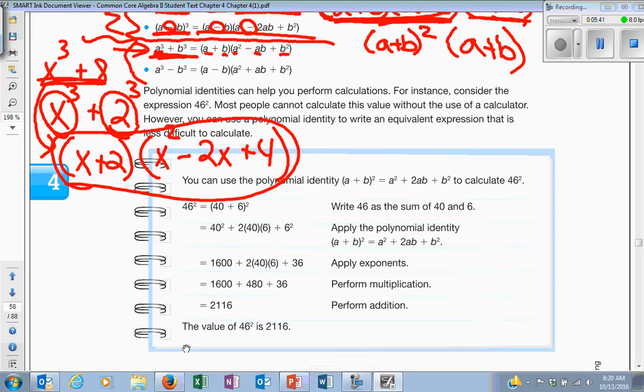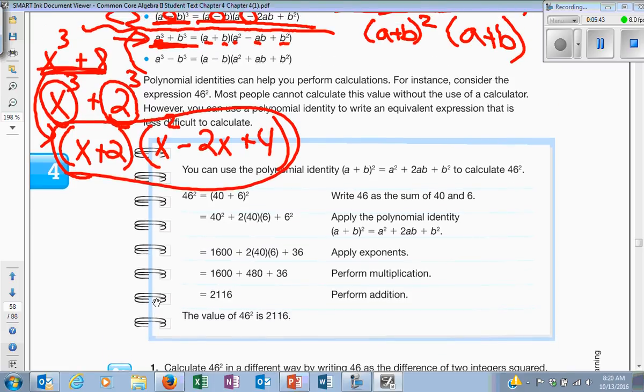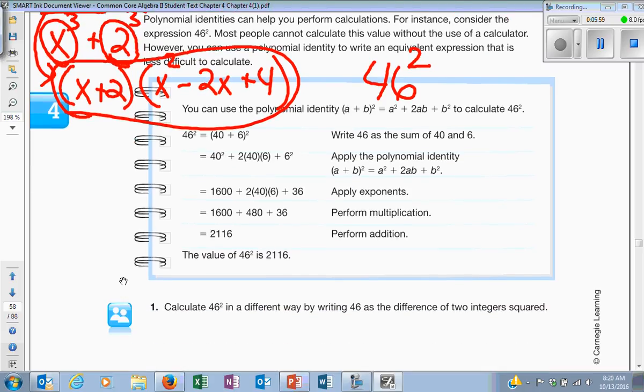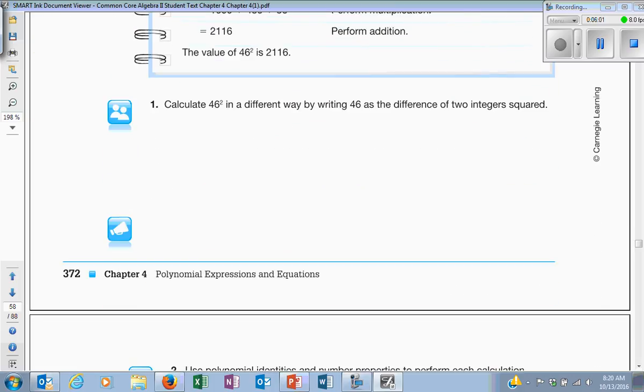So how can we use this with a number like, if they ask me to do 46 squared? We'll do it right down here.